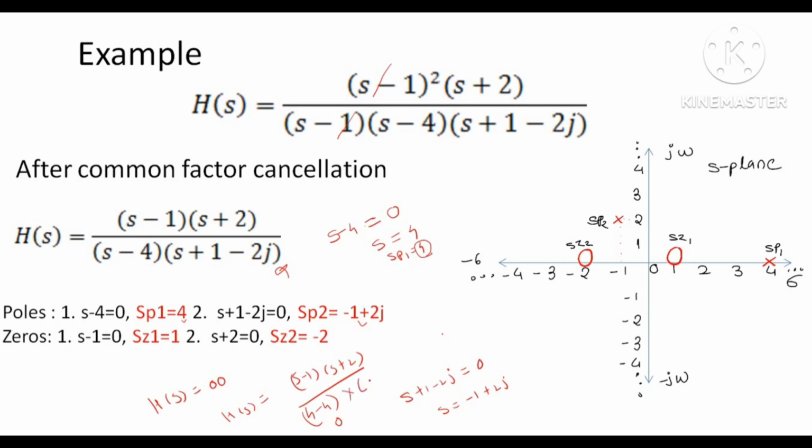Or at the second pole, that is minus 1 plus 2j, if you put minus 1 plus 2j plus 1 minus 2j, this is also 0, which will make H(s) equal to 1 by 0, that is infinity. That's why the second condition for the poles is that, no doubt it should be a root of the denominator, but it should make H(s) equal to infinite.